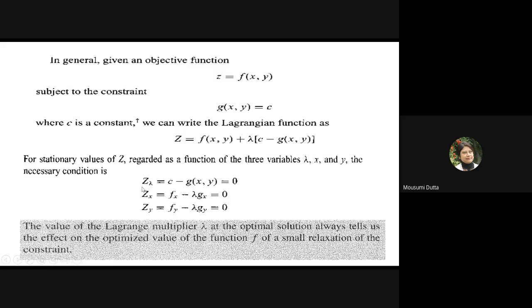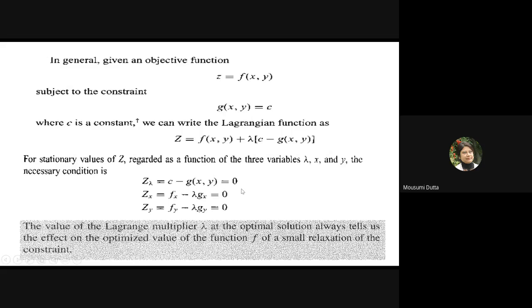If I consider del z by del lambda, we get back the constraint. Del z by del lambda gives us nothing but the constraint equation, c minus g of xy is equal to 0.